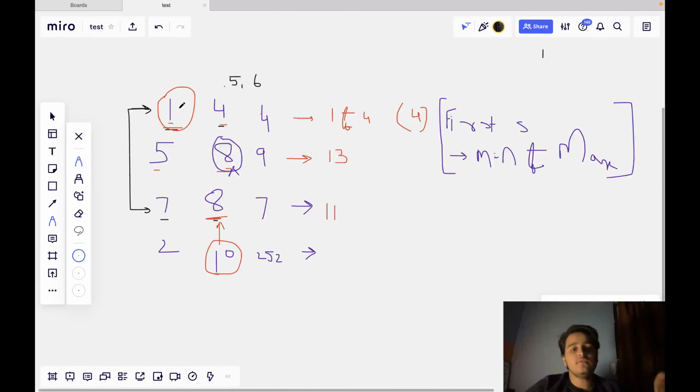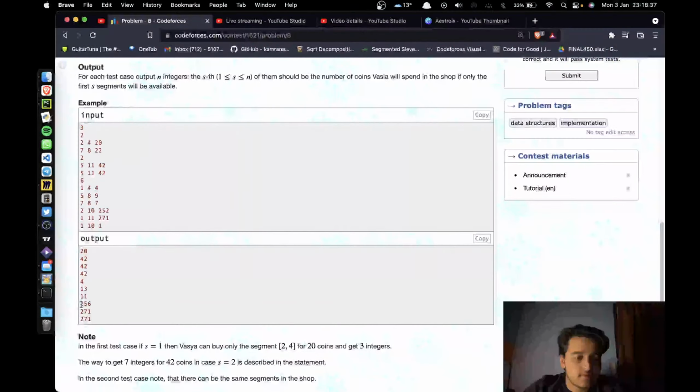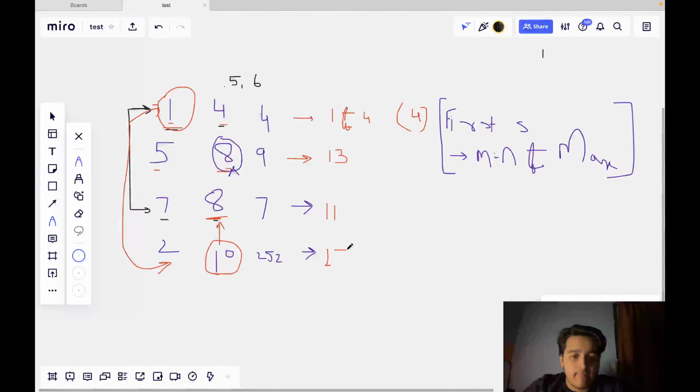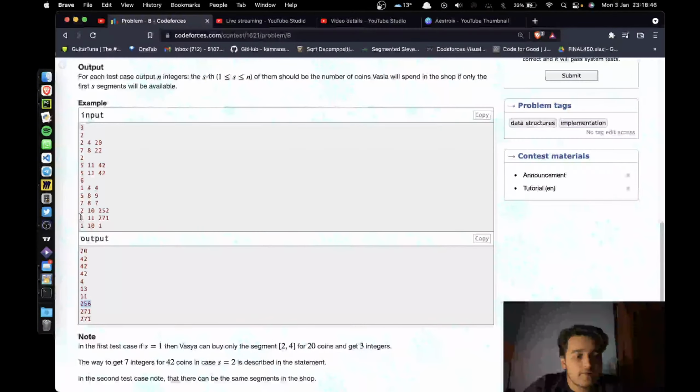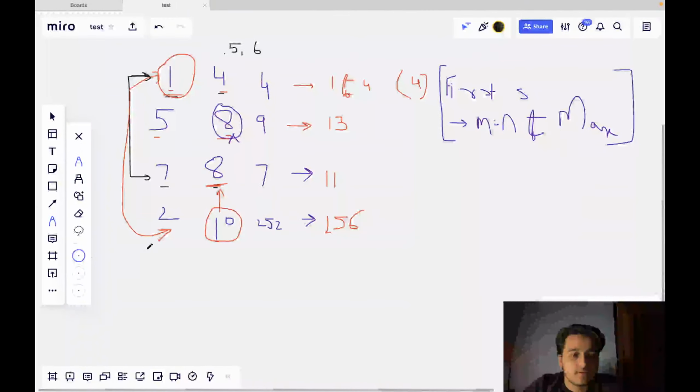So I have to buy this segment as well as this segment in order to cover the minimum as well as the maximum integers till now. How many coins do I have to pay? I have to pay 4 plus 252, that will be 256. Yes, 256, correct.